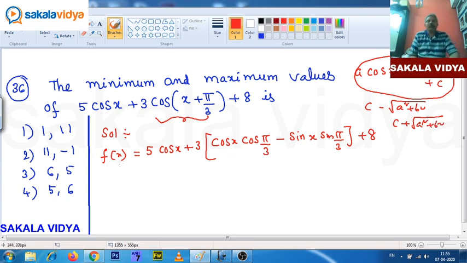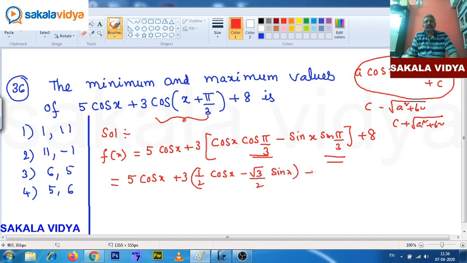Not visible. Okay. 5 cos x plus 3 into cos 60 is 1 by 2 cos x, sin 60 is root 3 by 2, minus root 3 by 2 sin x, plus 8.